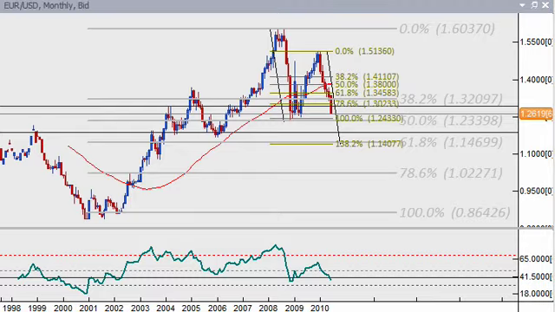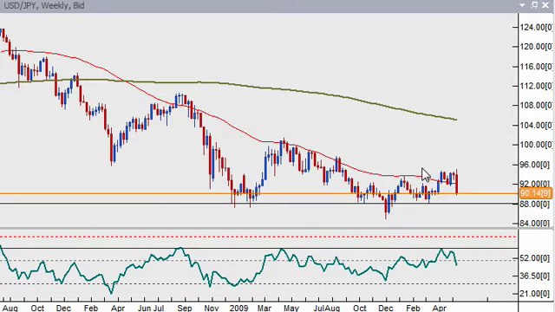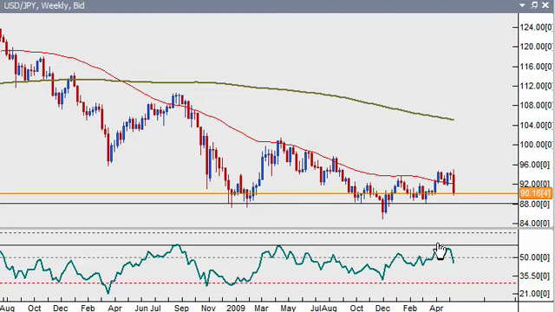Okay. The Dollar-Yen's rally was capped off this week, and there was a very precipitous slide due to risk aversion, and we see this double top action here. What was important is the 60 level in the RSI holding.